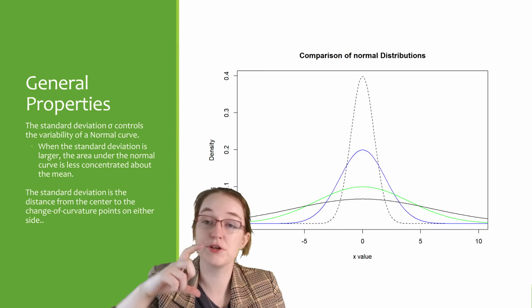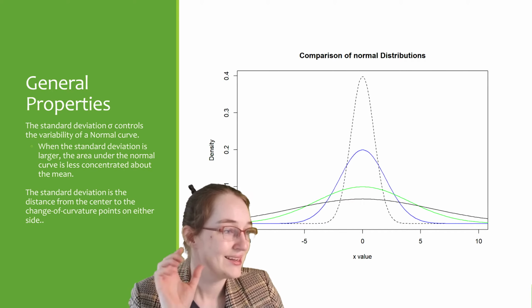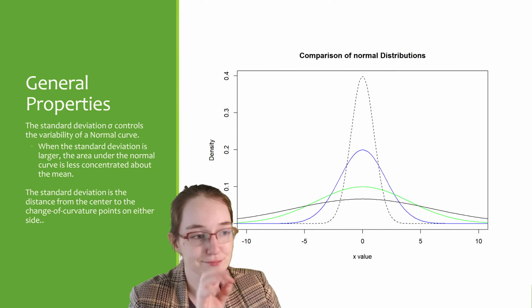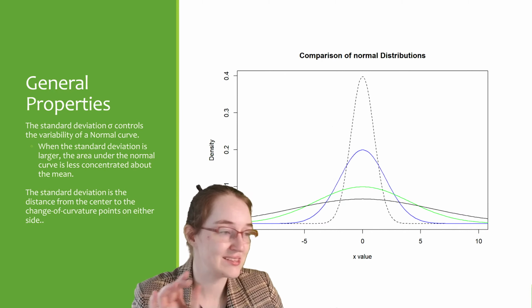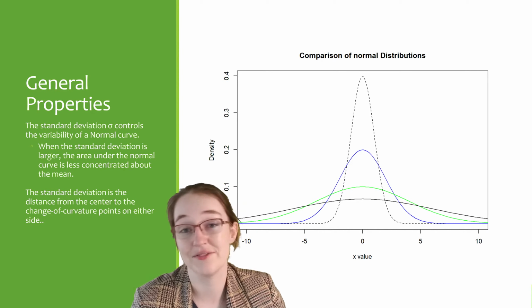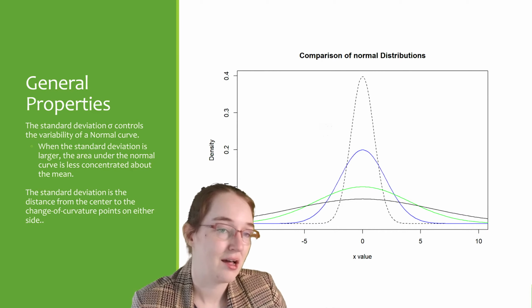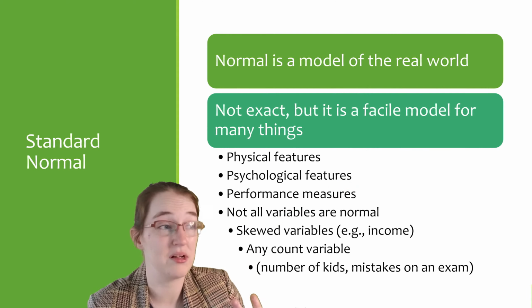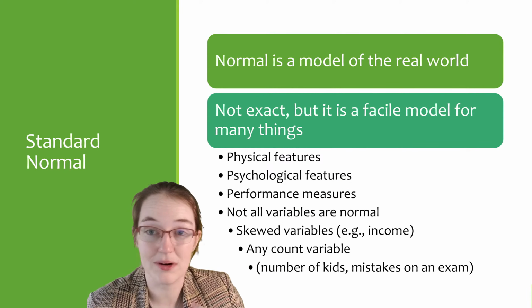The standard deviation is actually the distance from the center to the change of curvature, the inflection point on either side, which is kind of cool. But why am I telling you all this? The standard normal is a model of the real world.